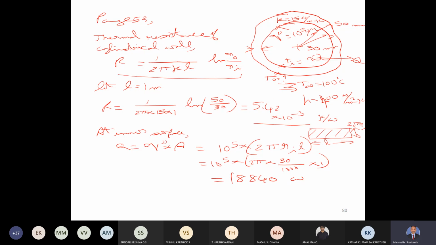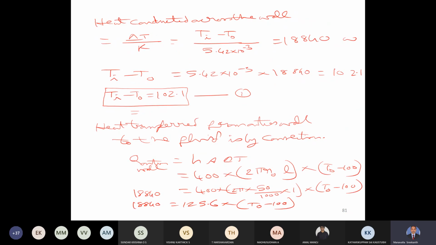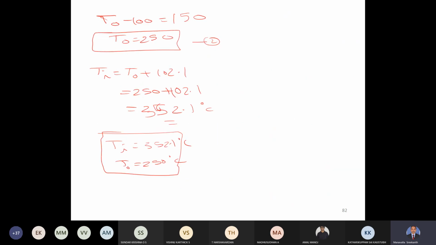We know that there are two unknowns in this problem, therefore we need two equations. So we came up with the heat balance equations and arrived finally at equations in terms of temperature, Ti and To, two equations, two unknowns. We could solve it to find the inner temperature and outer temperature. Is it clear? Do you have any questions to this point?